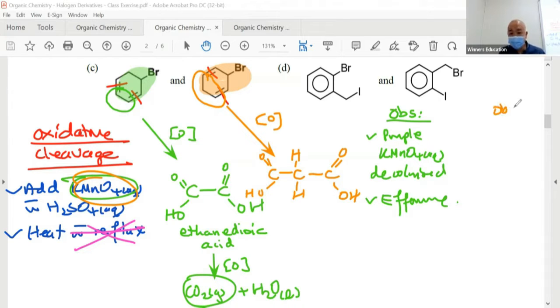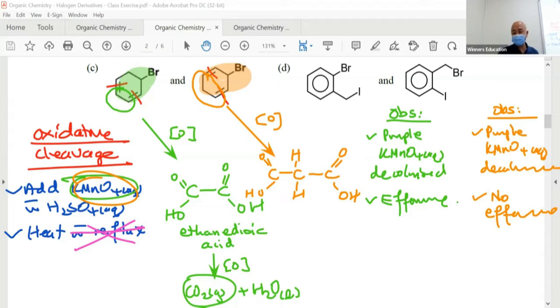So the observation on this side is that it will still use the KMnO4 to get itself oxidized. So purple KMnO4 does get decolorized, but there is no CO2, so no effervescence. There is a difference here. One has bubbles, one has no bubbles, so we can distinguish.